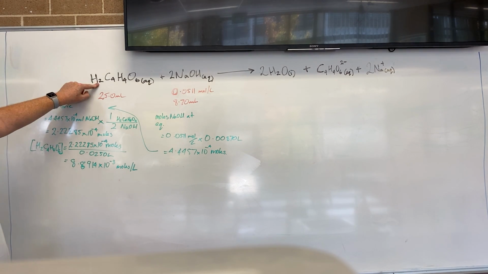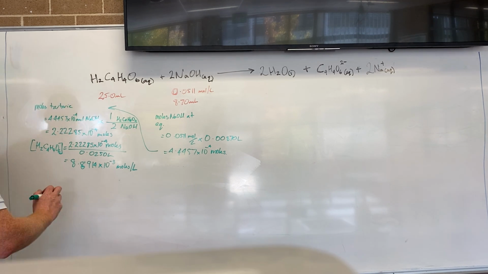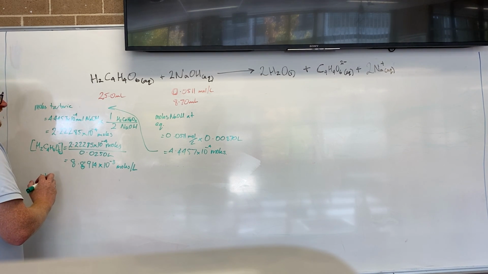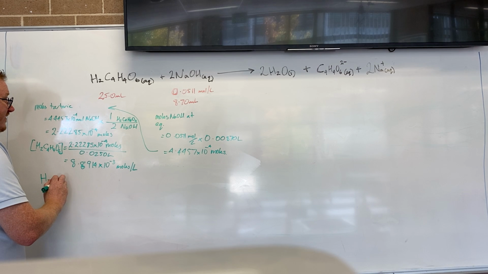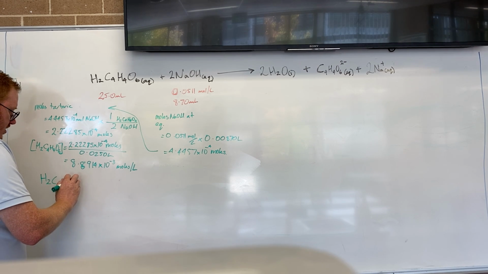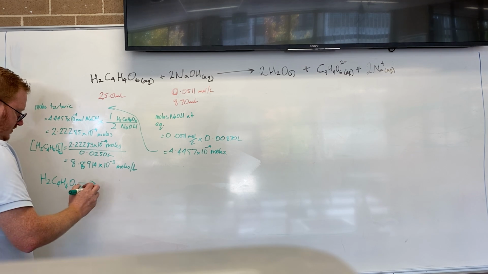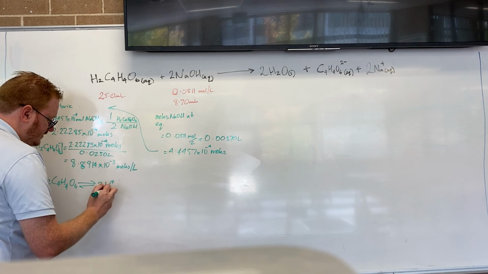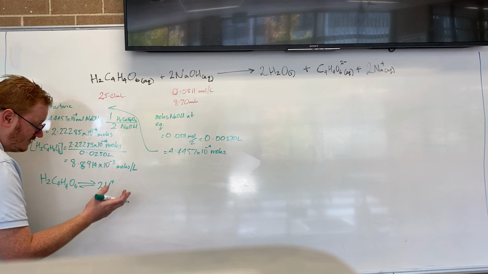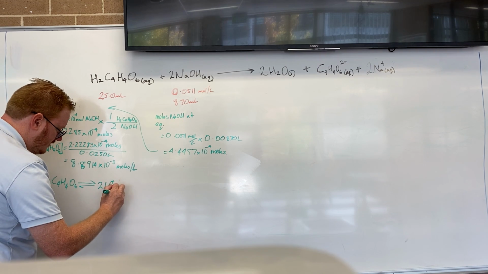Okay, we worked out the concentration of this, but we know it dissociates. H2C4H4O6 goes to 2H pluses. They react with water. If you want to write it as hydronium, that's okay.